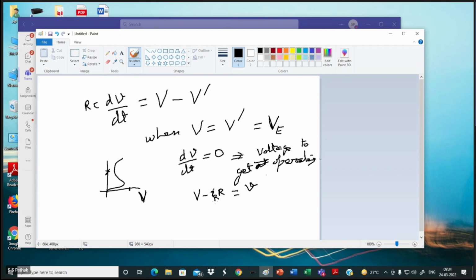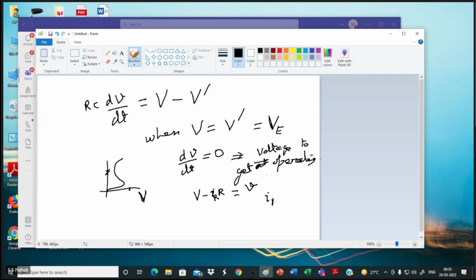So from here, what is going to be the maximum current flowing through the device? When V becomes 0, maximum current will be flowing through the device. That will be there. Small v, I can write a current equation that is better.